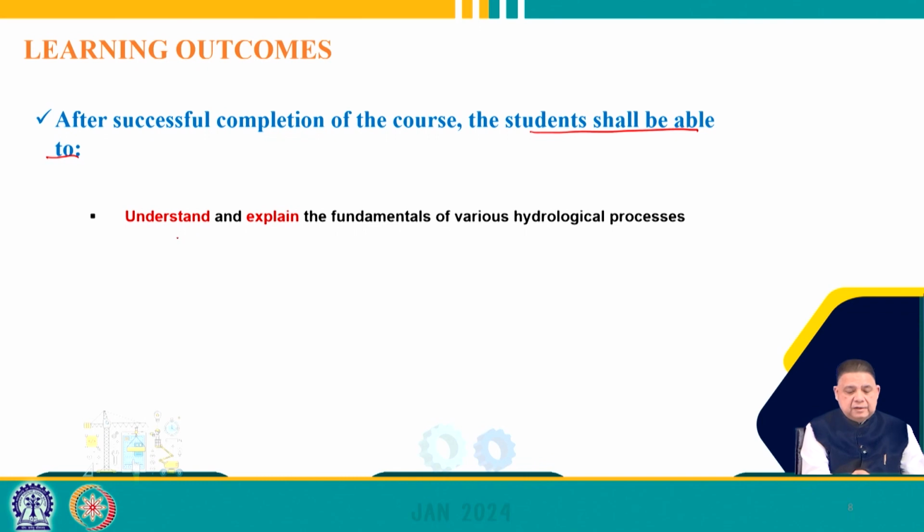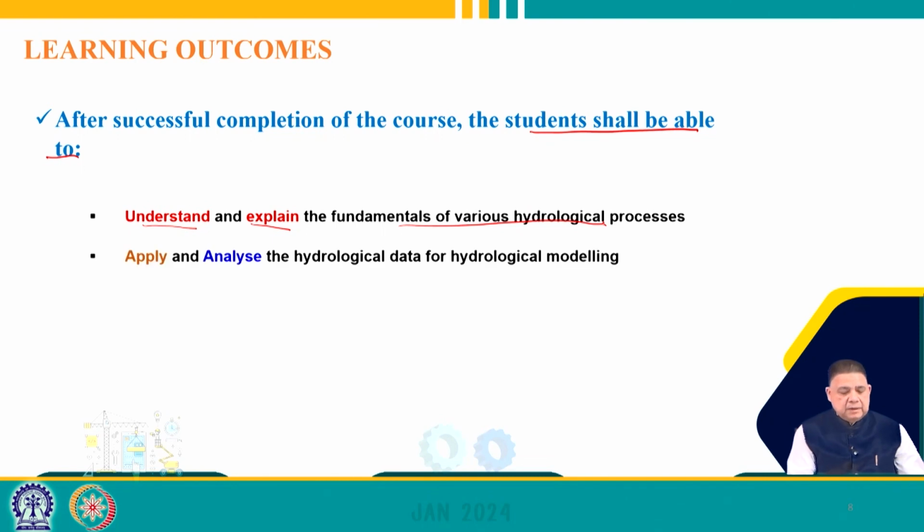So, that starts with the student shall be able to understand and explain the fundamentals of various hydrological processes. They should be able to apply and analyze, that is level 3 and level 4, the hydrological data for hydrological modeling.